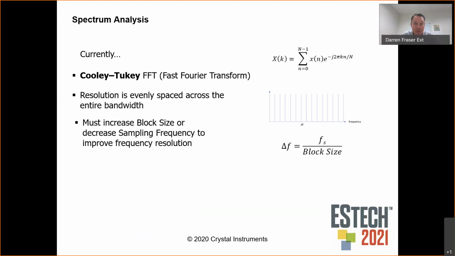The resolution that we get is dependent upon two factors, that is the block size and the sampling rate. Choose a larger block size and the delta F, or frequency resolution, will decrease. This will be an increase in resolution.